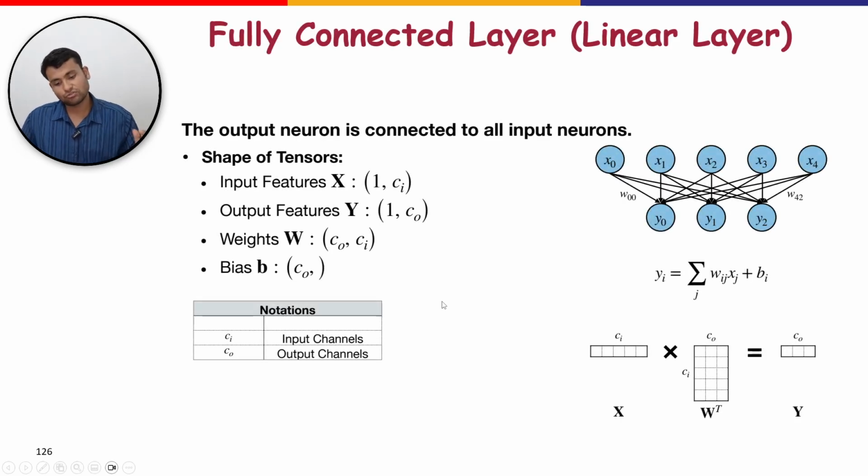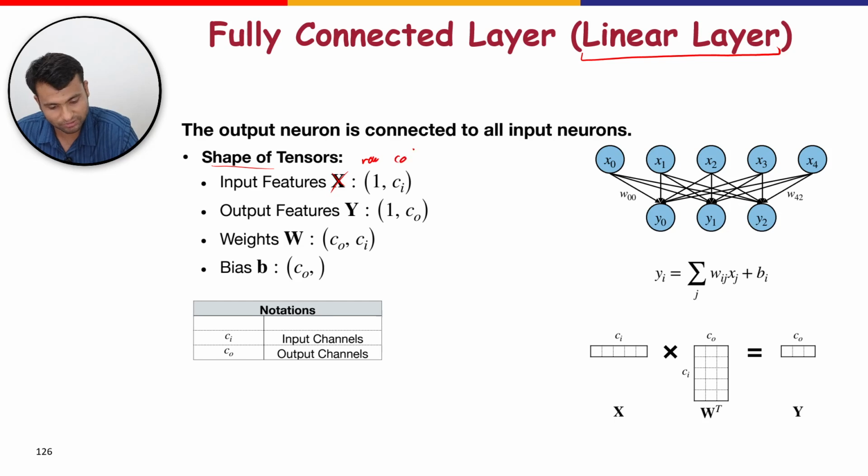Let's first come to understanding the shape of tensors. As I said, we'll first discuss a linear layer, which is the most fundamental, formed by connected nodes together, as we were seeing in the last few slides. Here the input feature is represented by a vector x. This represents the rows and this represents the columns. We have deliberately marked this as 1 to indicate a single input.